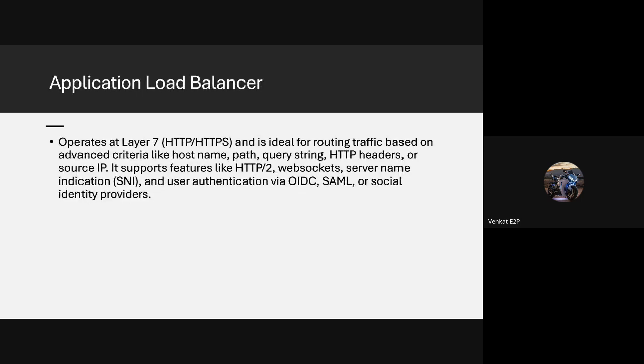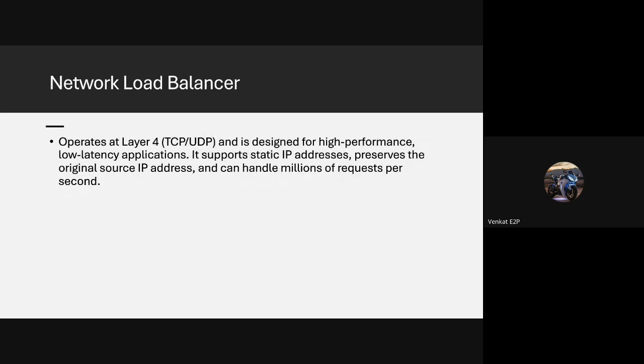And coming to the network load balancer, it operates with TCP or UDP, and it is designed for high performance. It is best suited for load balancing of TCP traffic where extreme performance is required.